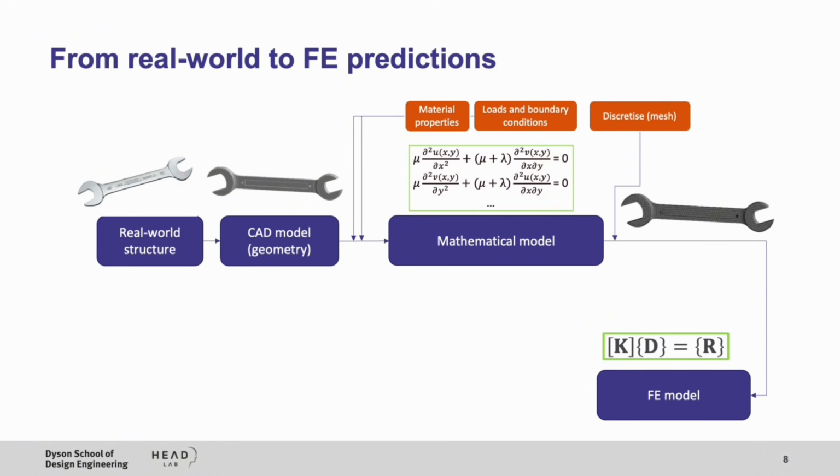It looks like a matrix manipulation with a K, D, and R, which I'm going to explain more when we discuss different types of elements. But the significance is that you have turned this differential equation into a linear algebraic equation, which is much easier to solve. This is really the basis of finite element models.